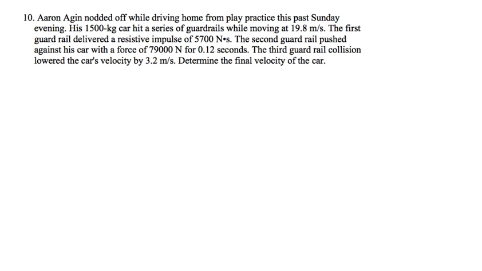So if I want to figure out the total J, the total impulse, I'm going to get this 5,700 Newton seconds. That was the resistive impulse, the first one, so I'm going to write that as negative 5,700 Newton seconds.